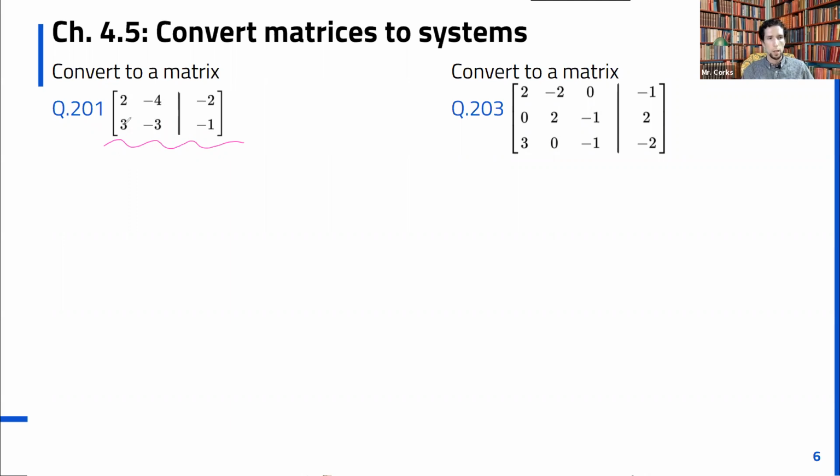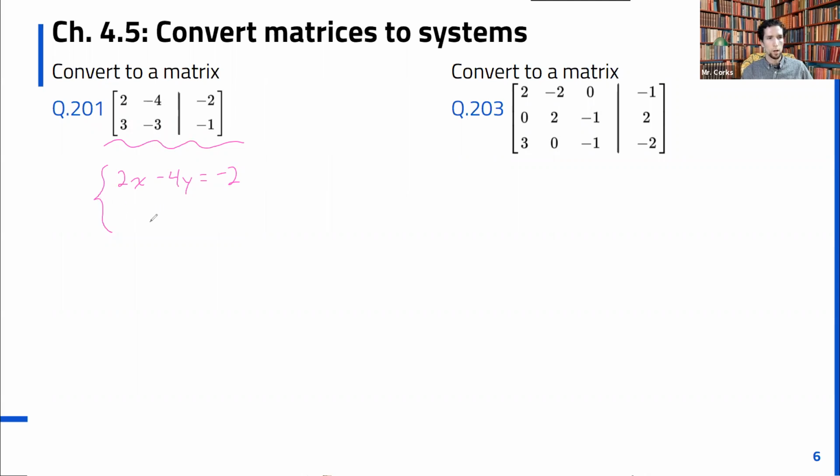What is the system of equations that is represented by this matrix? What's our first equation? 2x minus 4y equals -2. Okay, so 2x minus 4y equals -2.